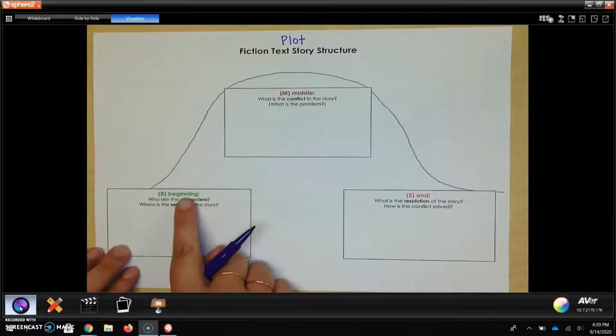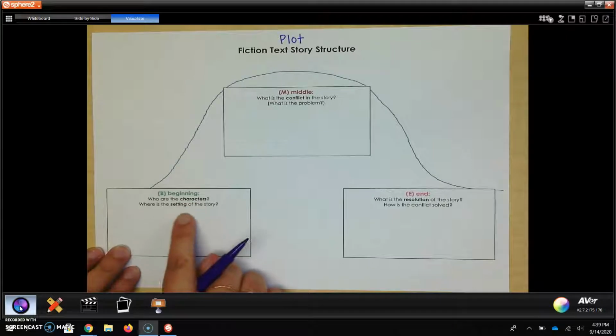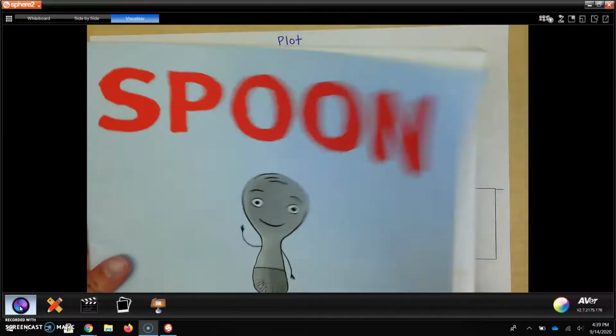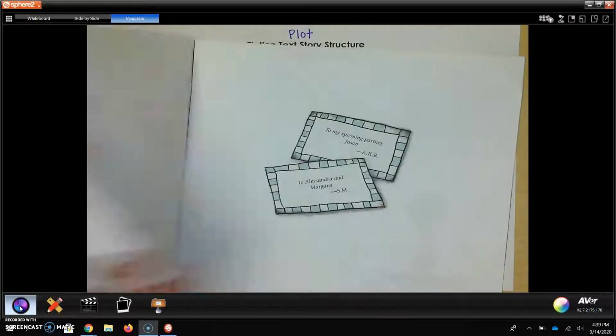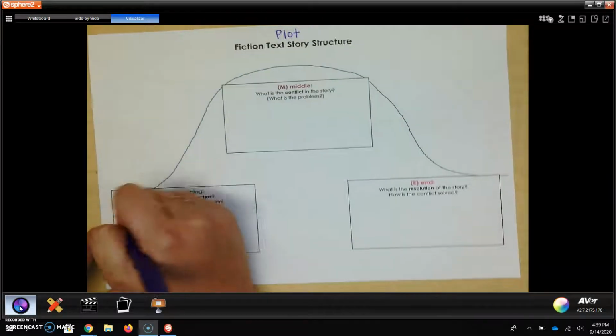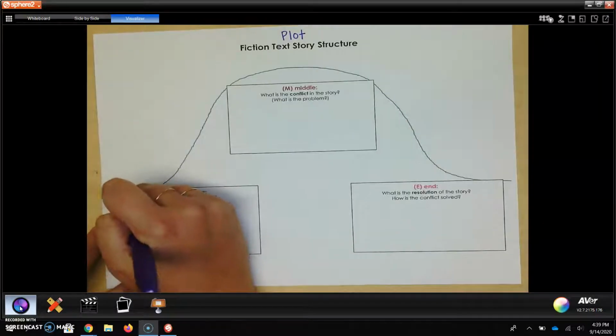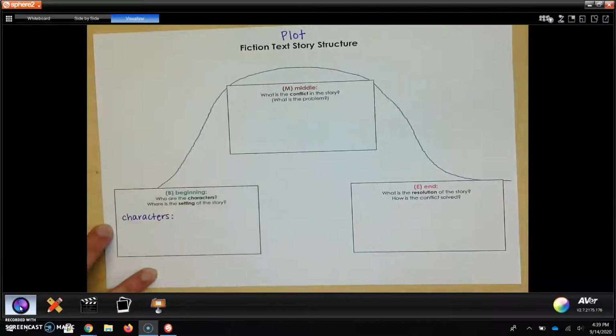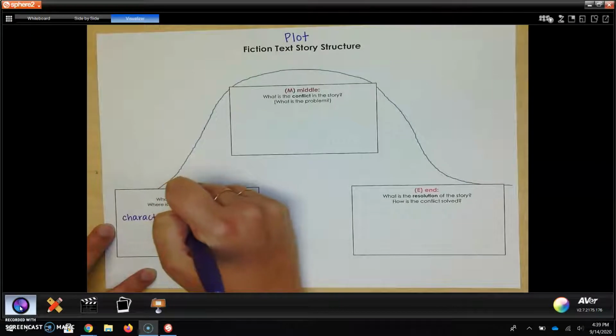In the beginning, we always find out who the characters are and where the setting of the story is. So we know that in the beginning of the story, when we read Spoon, we came across Spoon. We know he's the main character. So I'm going to go ahead and write characters. And the first one is Spoon.